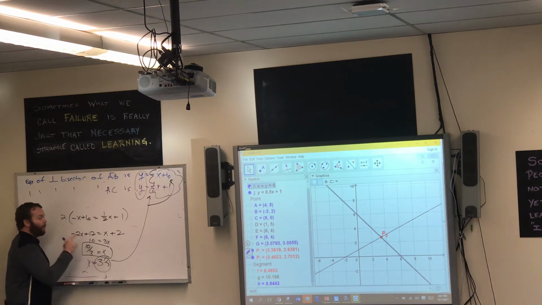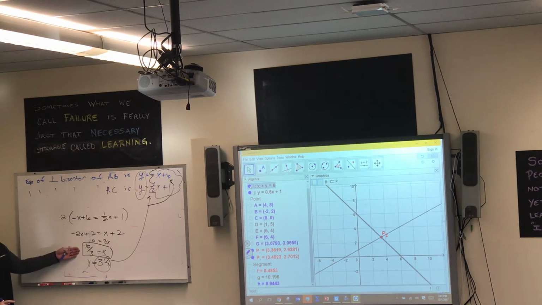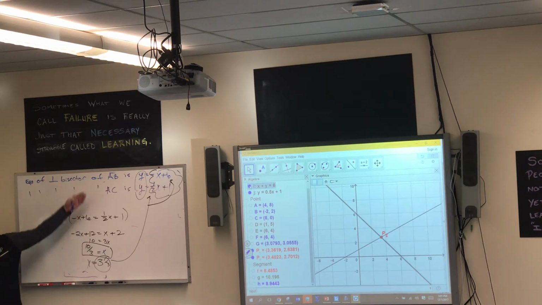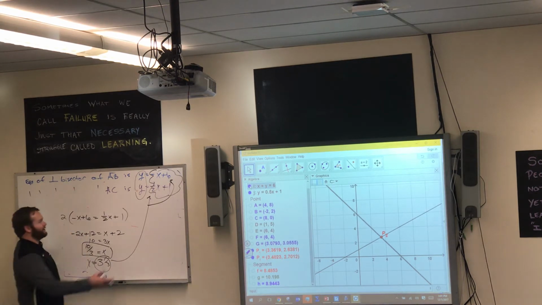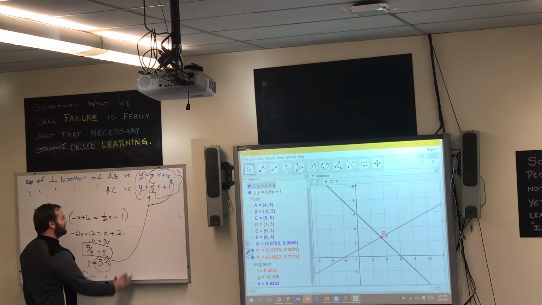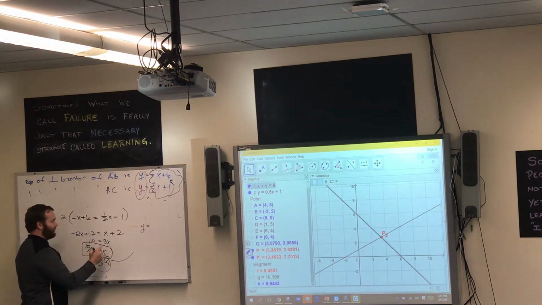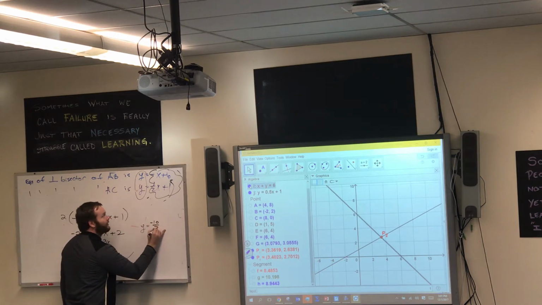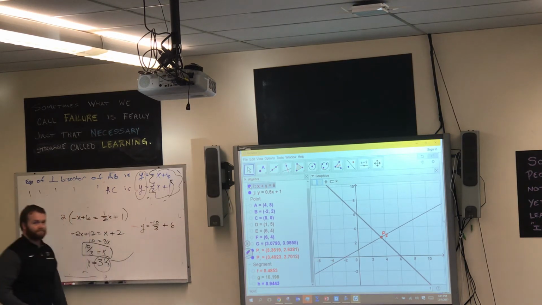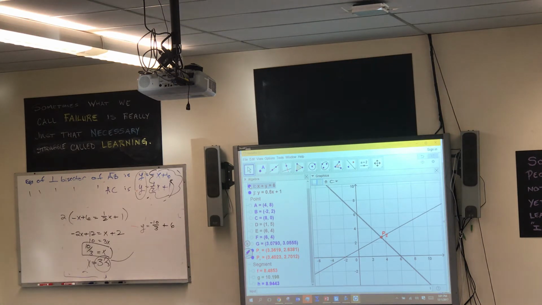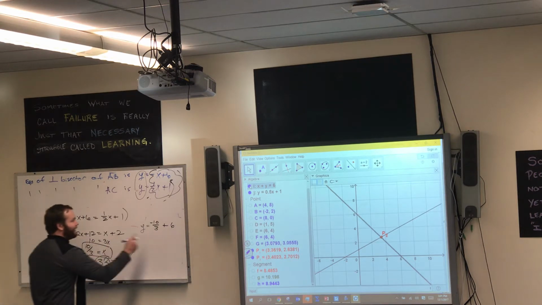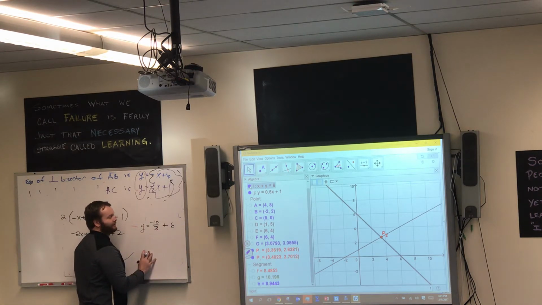Okay? So when you solve a system, you find x. Just like any other system, you plug it back in to find y, right? It doesn't matter which equation you want to plug into. Plug into the top one, we get y equals negative x, so now negative 10 thirds, and then plus 6, right? Is that doable? If I plug it into that one, I want to add those two things together. How do I add two fractions together?